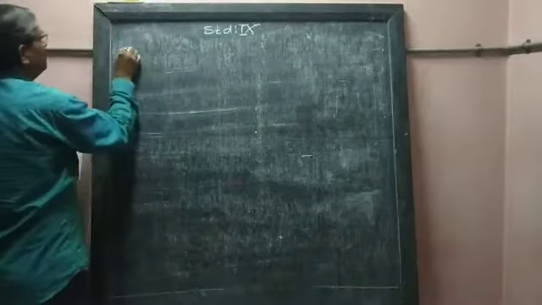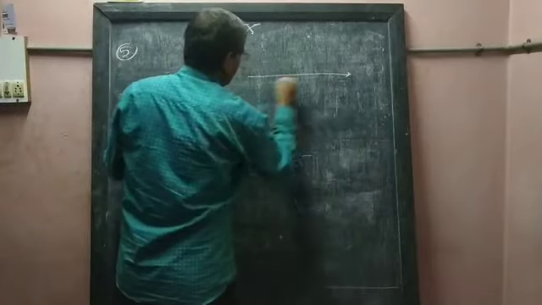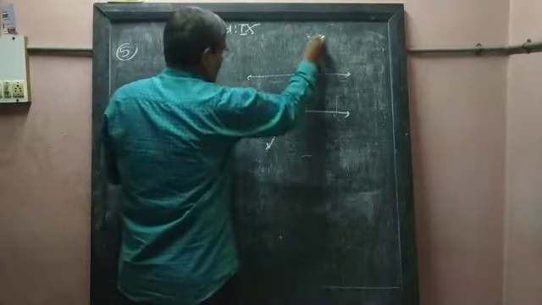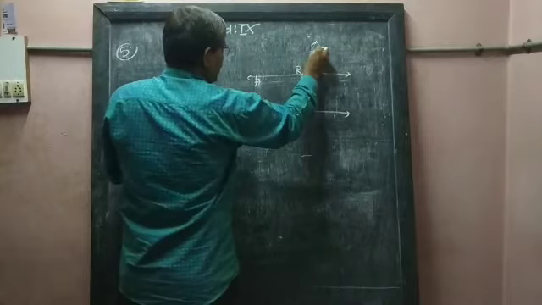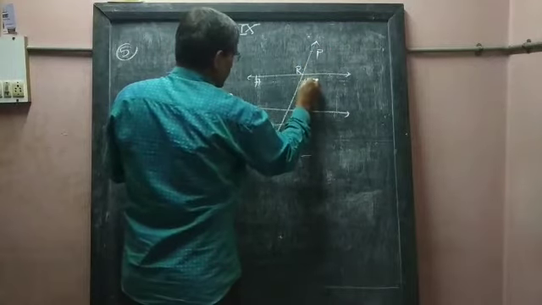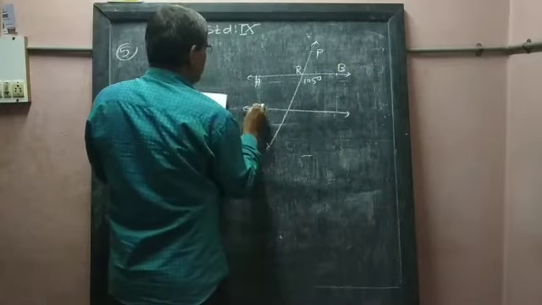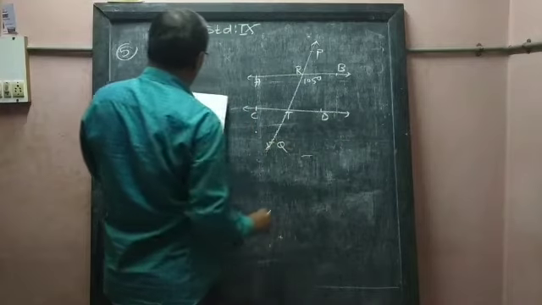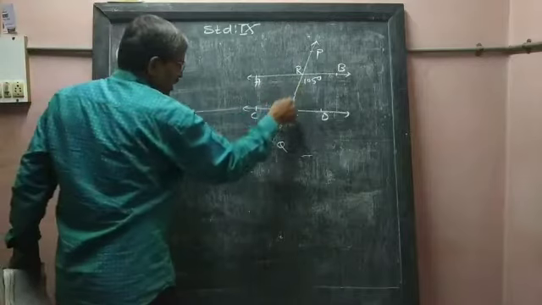So question number 5. I am going to draw the diagram here. Here A, this is R, this is P, here it is 105, here it is B, then C, T, D and Q. Now you want angle ART.